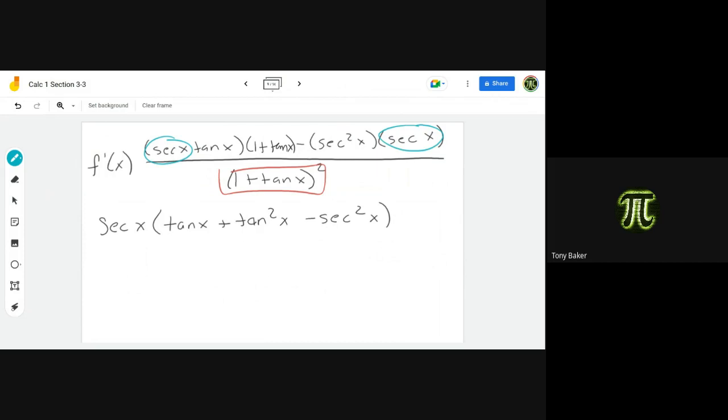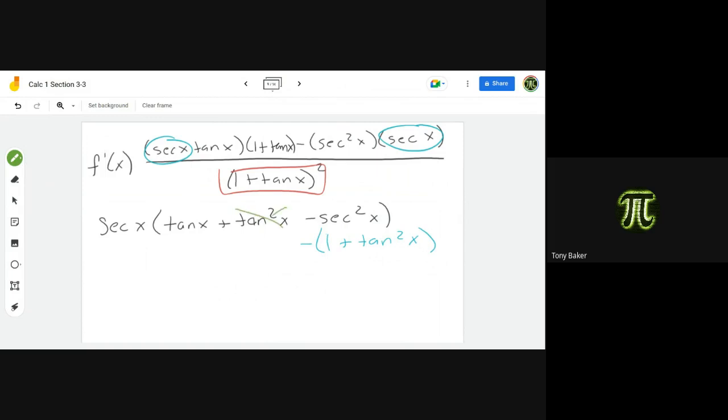This is where remembering your trig rules really comes into play and helps you out. Secant squared x is 1 plus tangent squared x. So there's a minus sign in front of that, because there's a minus sign in front of that.